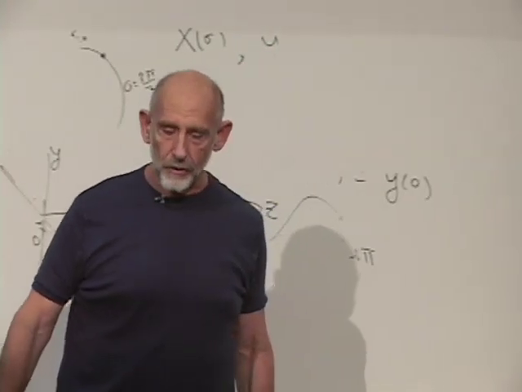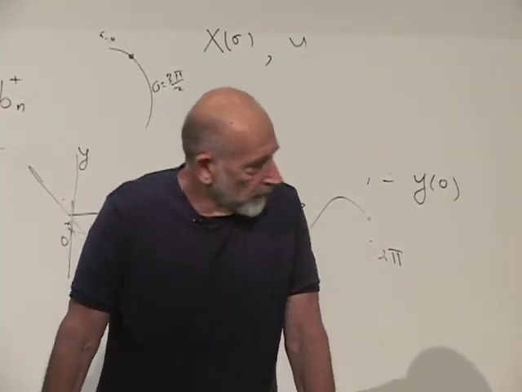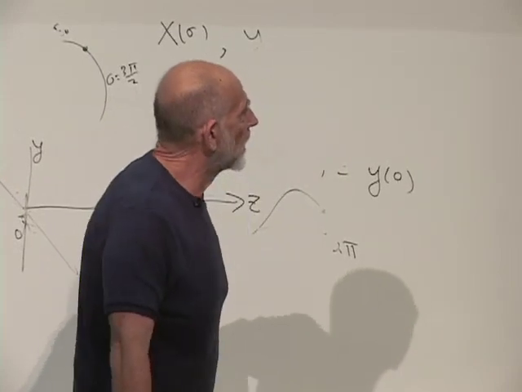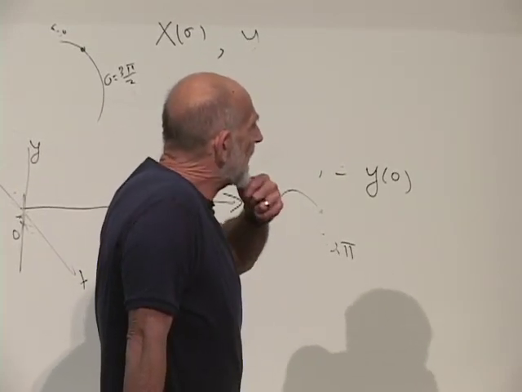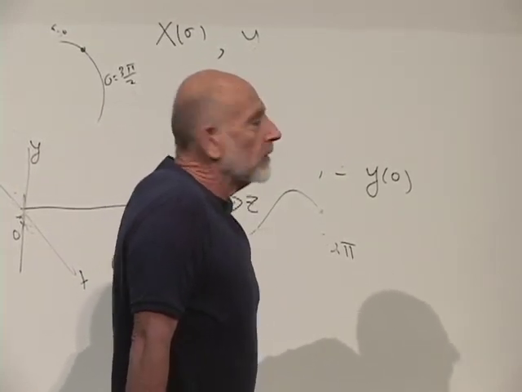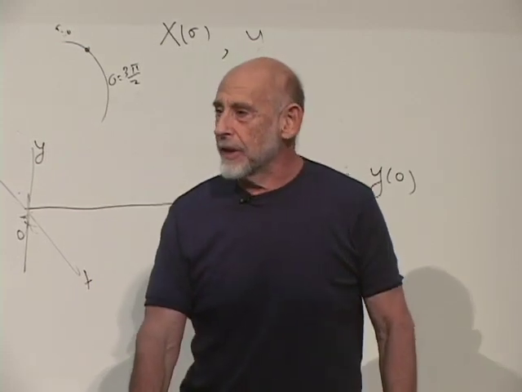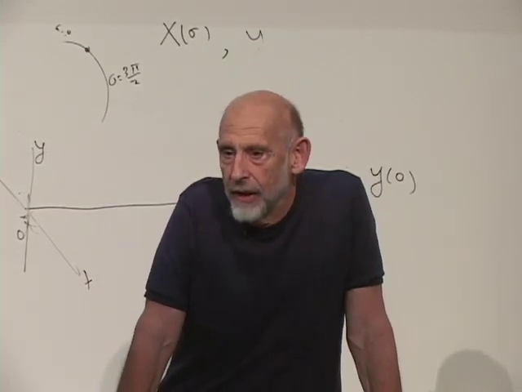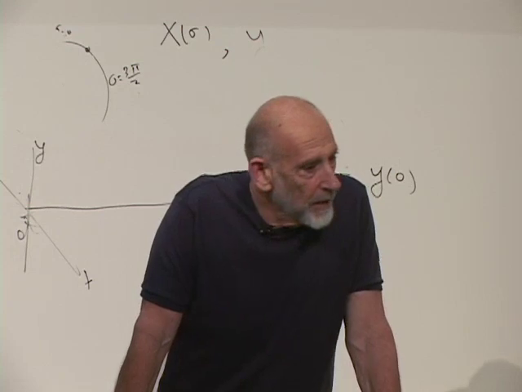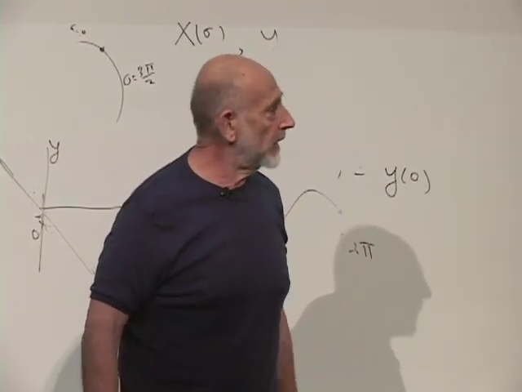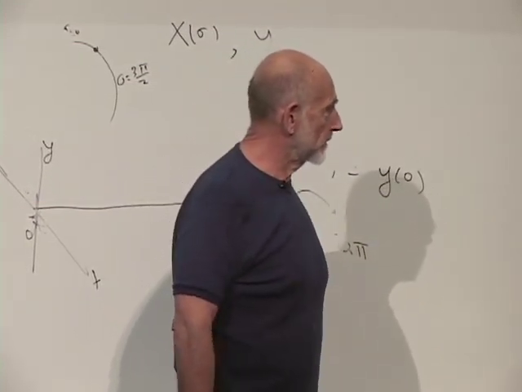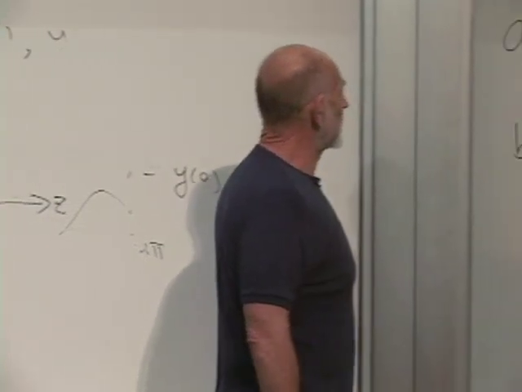What could they correspond to? What kind of structure do they have? First question is, how much angular momentum do they have?